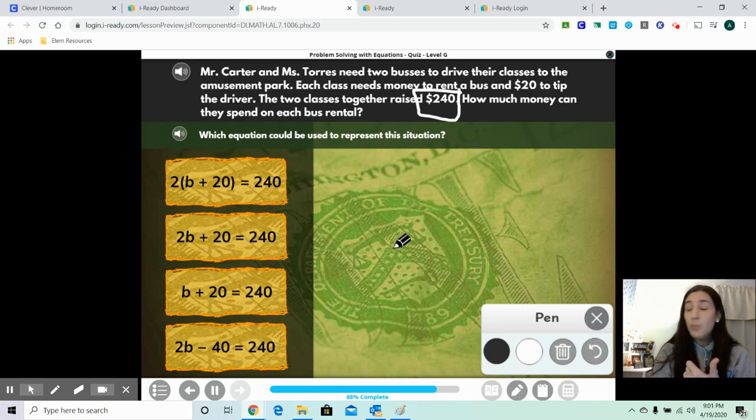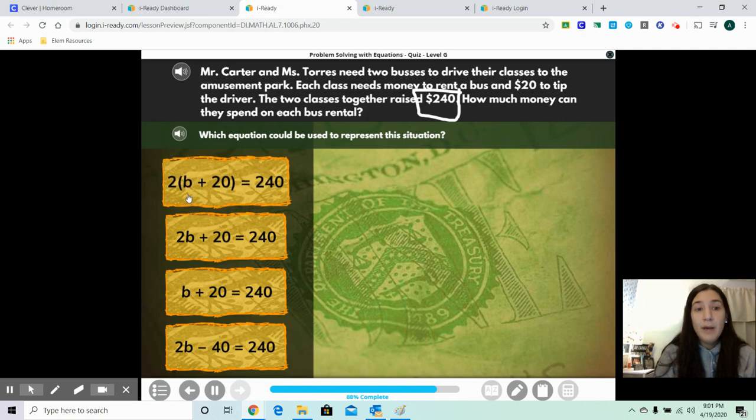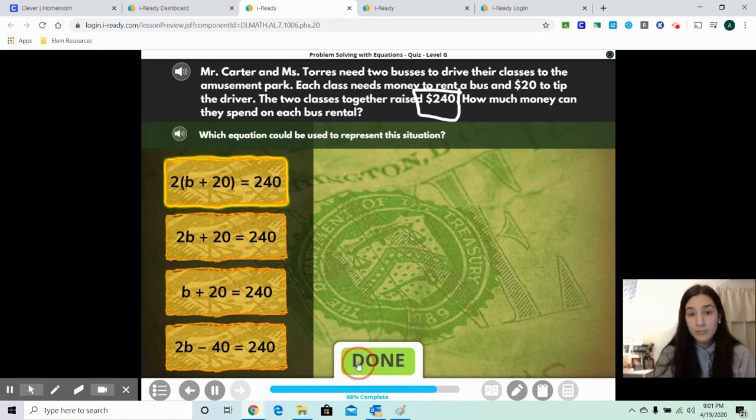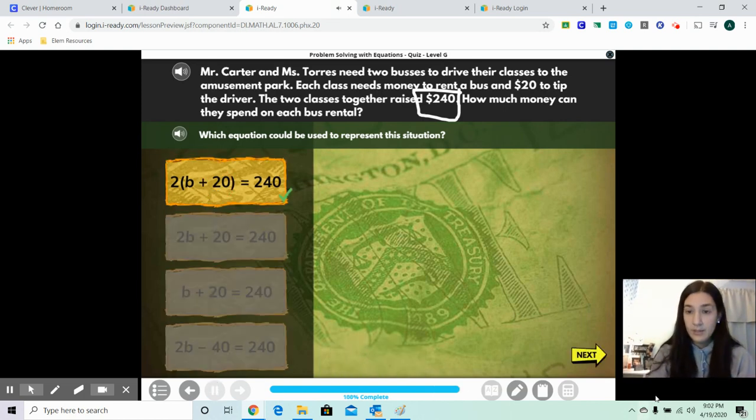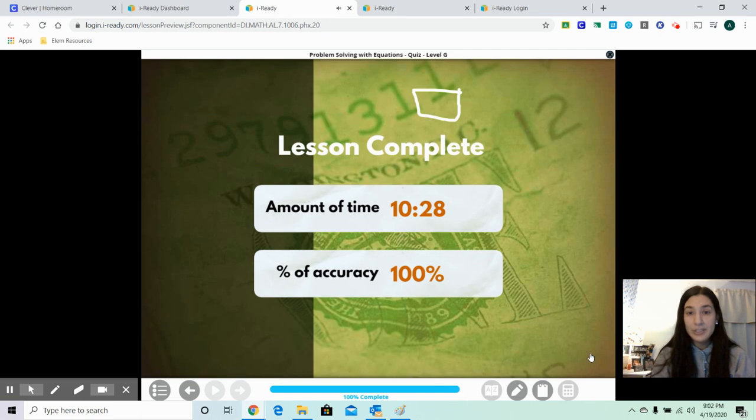B plus 20 is definitely what we need, but we need that 2 times because we need 2 buses. So that's going to be right here, our nice little distributive property. 2 buses times 2 $20 tips. And we're done. Good job, guys.